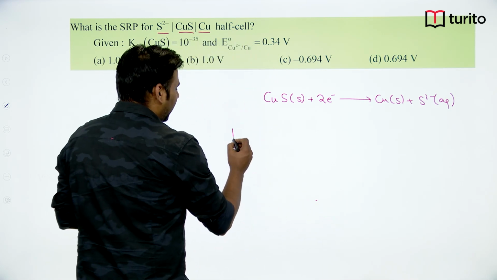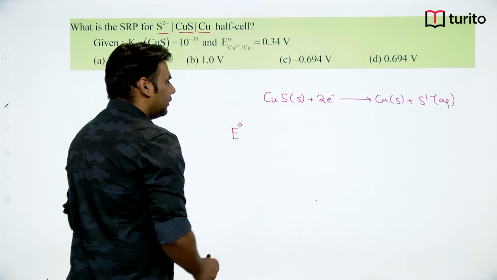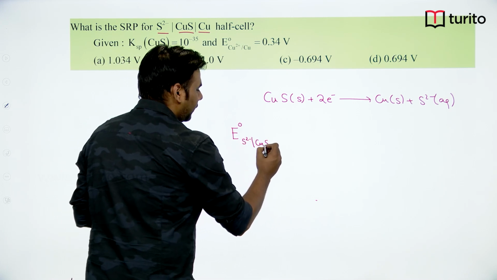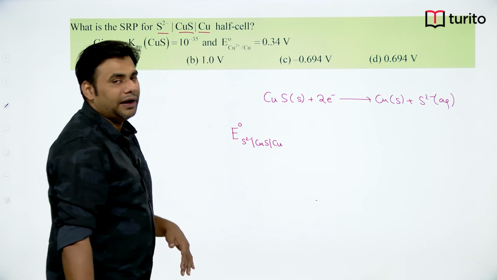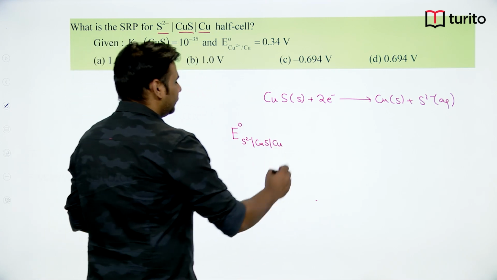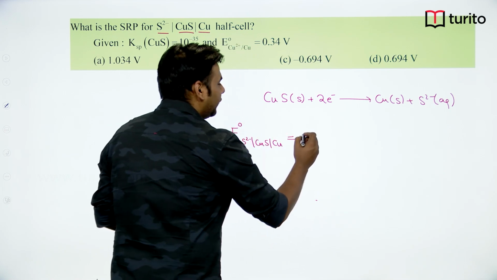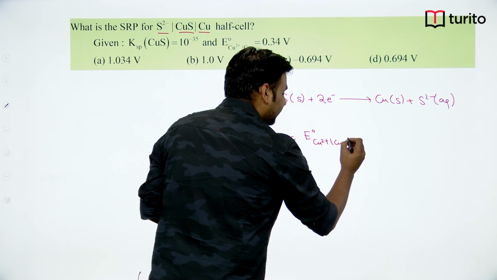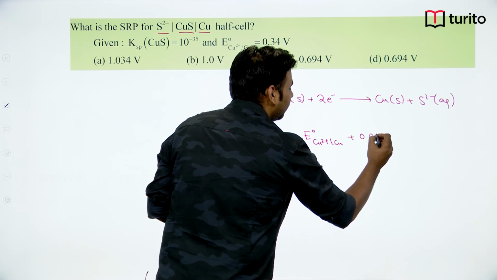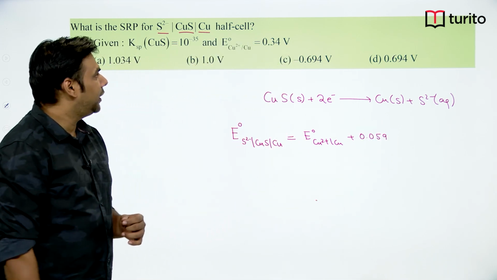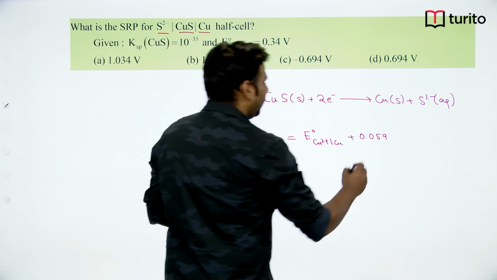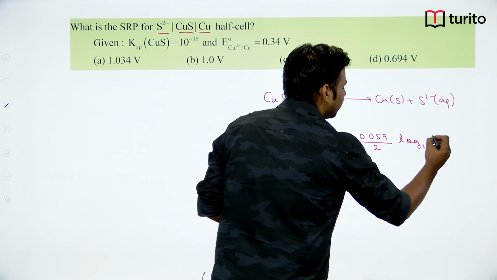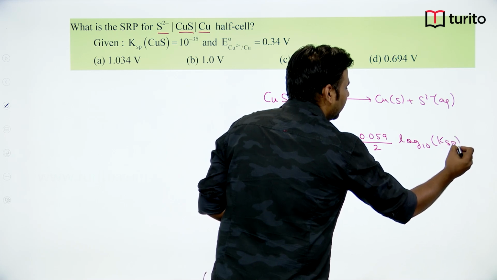I have already told you that E naught of the reduction potential of a metal insoluble common ion electrode is always equal to the reduction potential of metal ion metal plus 0.059 upon n, here n is 2, into log to base 10 of Ksp. Okay, I hope you remember this formula.